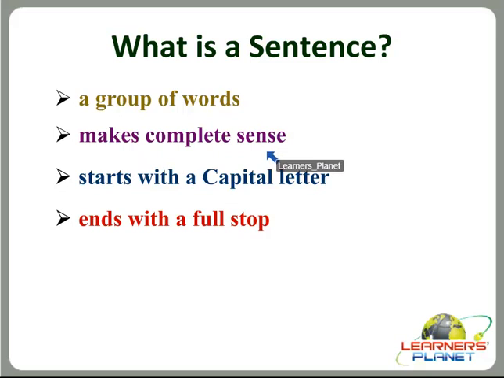Every sentence has a complete sense, has a meaning. It starts with a capital letter. C is capital in the word capital. So a sentence starts with a capital letter and ends with a full stop.